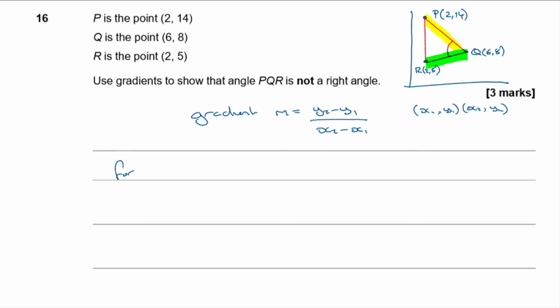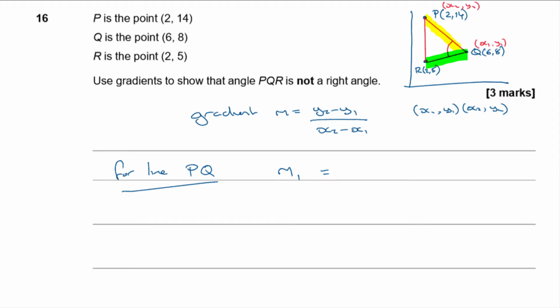So for line PQ first, we're going to use the gradient formula. I'm going to call it M1 so I can have a different gradient for the other line. So M1 is equal to, let's make this one (x1, y1), and we'll make this one (x2, y2).